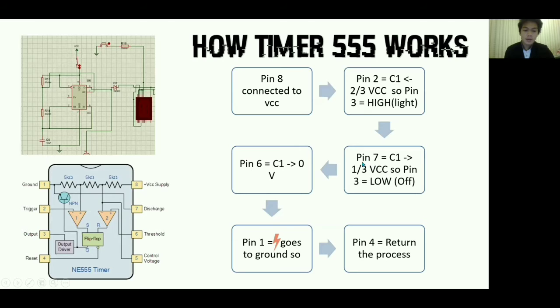After that, the reduced voltage of C1 causes the internal transistor at pin 7 to be disconnected, so the capacitor charges up again, the cycle works on the circuit, and the output pin 3 goes back to low.